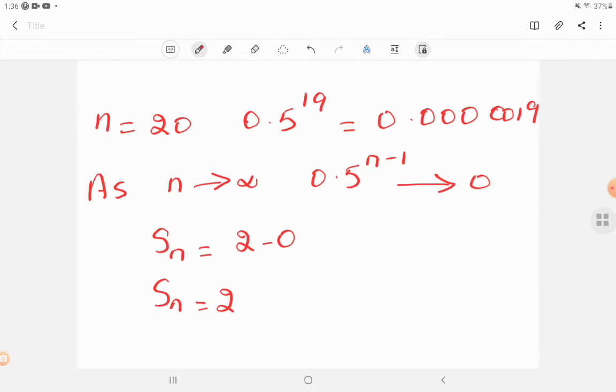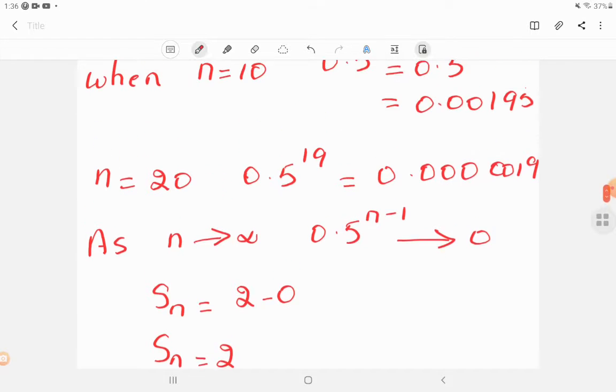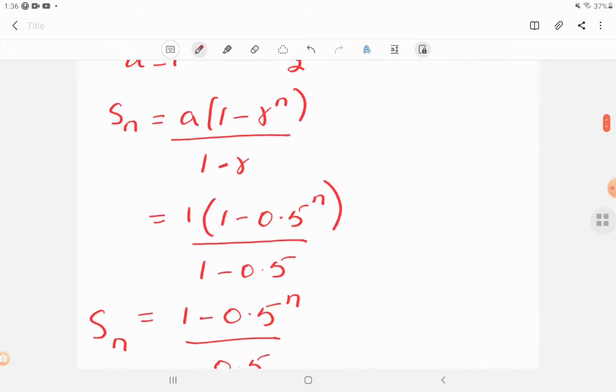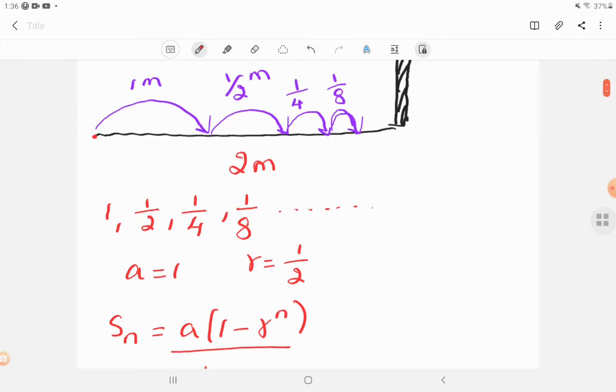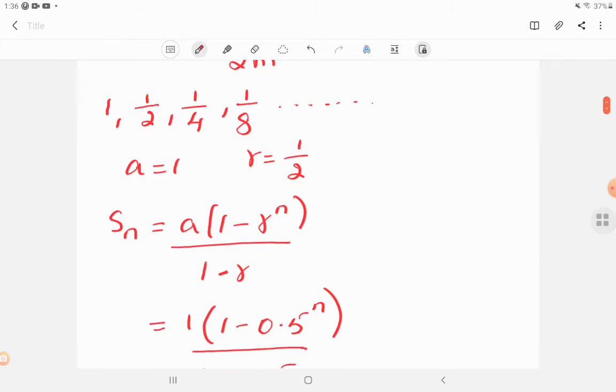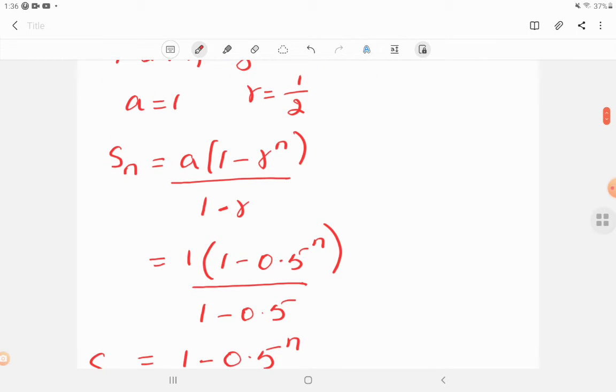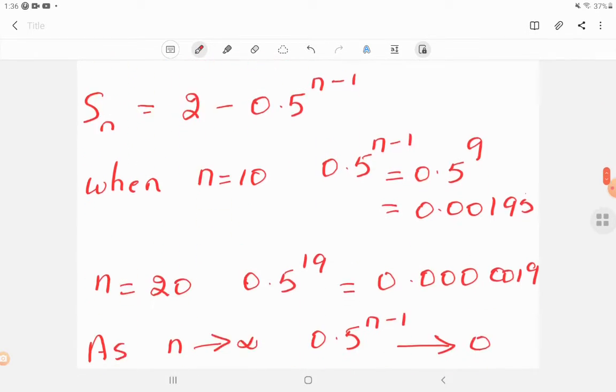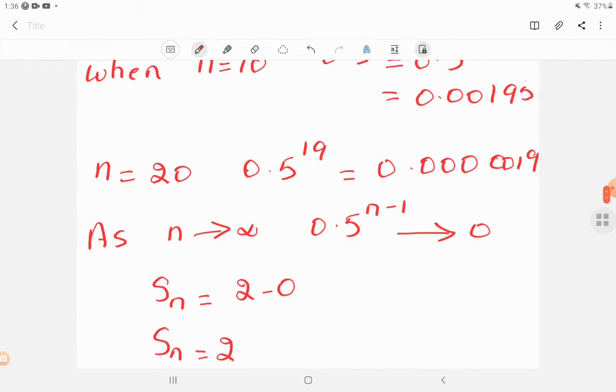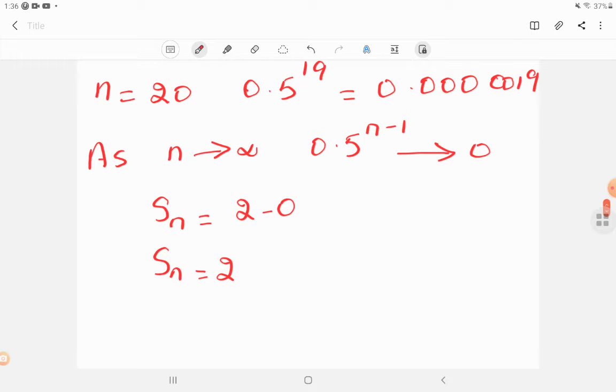So what do we understand from this? When we look at the diagram, we see that the total distance is 2 meters. When we represent this as a geometric sequence, we can see that the common ratio lies between -1 and 1, and therefore, even though it's an infinite geometric sequence, we can find the sum of this infinite geometric sequence, which equals 2.